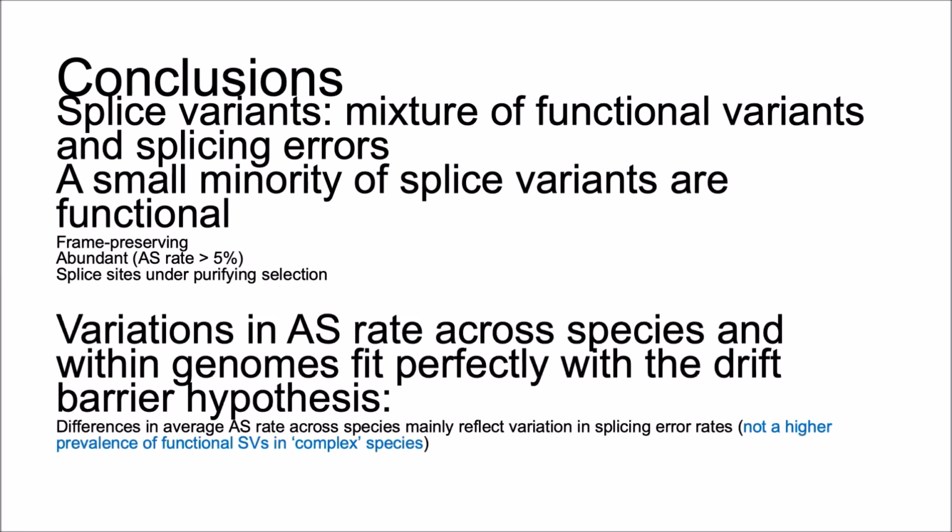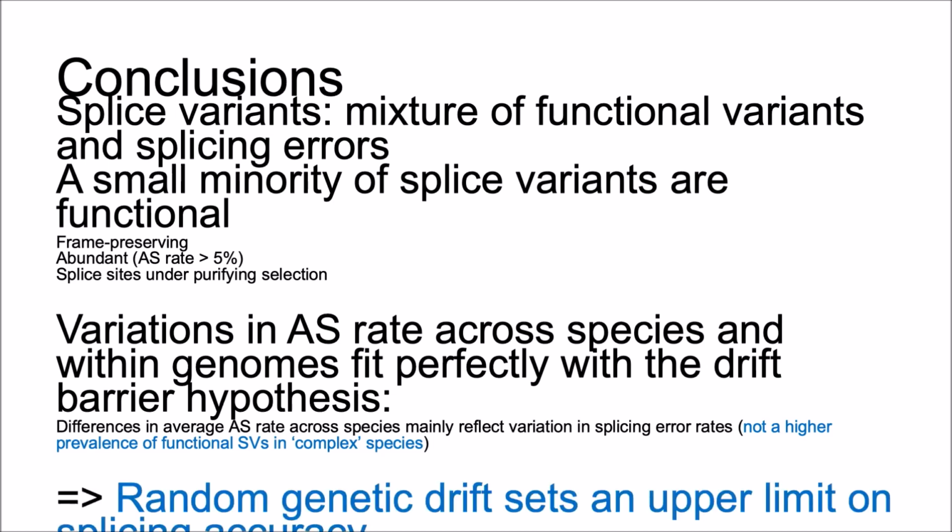And in fact, variation in the rate of alternative splicing across species and within genomes fits very well with the drift barrier hypothesis, so that the differences in average alternative splicing rate across species mainly reflect variation in splicing error rates and not a higher prevalence of functional splice variants in complex species. And so our conclusion is that random genetic drift sets an upper limit on splicing accuracy.